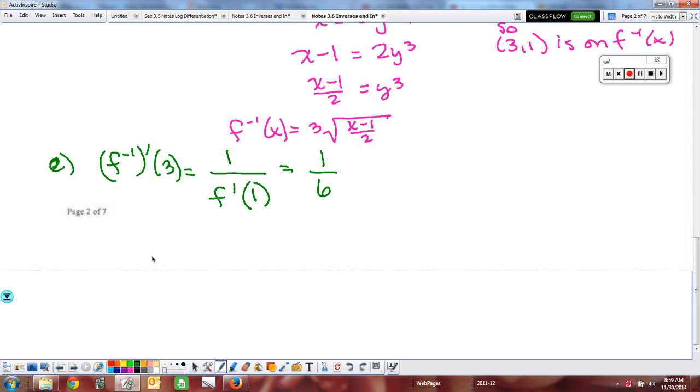Now let's take a look at the long way. So short way, the formula is the short way. All right, so now let's do the long way. Now remember the reason why this is the long way.